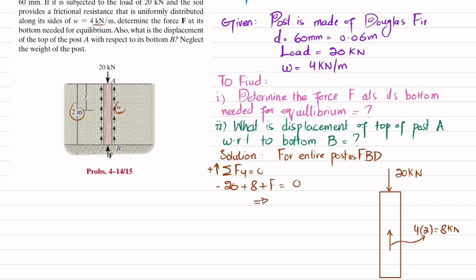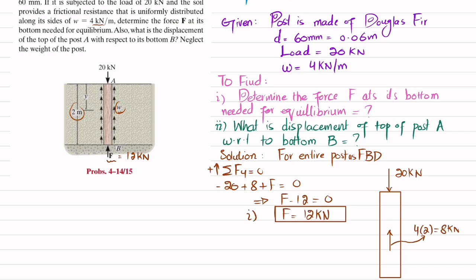From here you will get F minus 12 is equal to 0, so F will be equal to 12 kilonewton. So in order to keep this post in equilibrium, your reaction force at the bottom must be equal to 12 kilonewton. Now this is the answer to our first part.